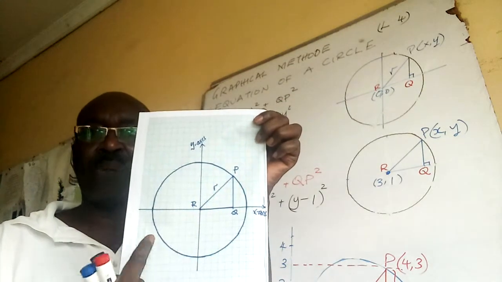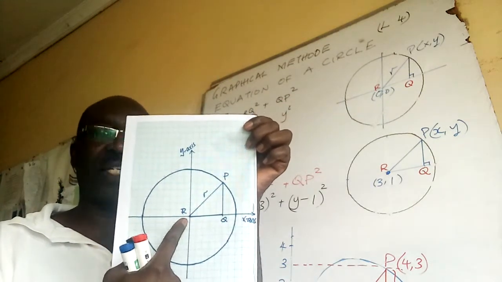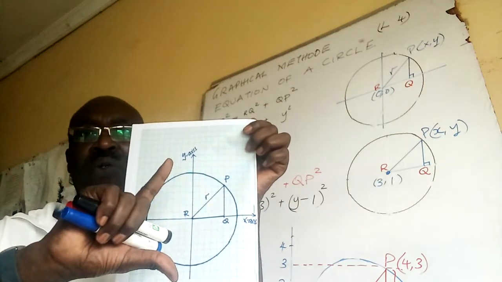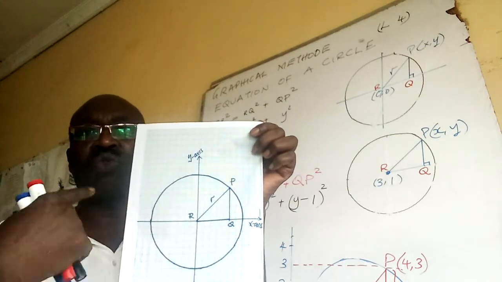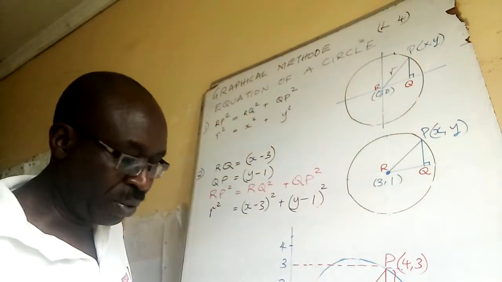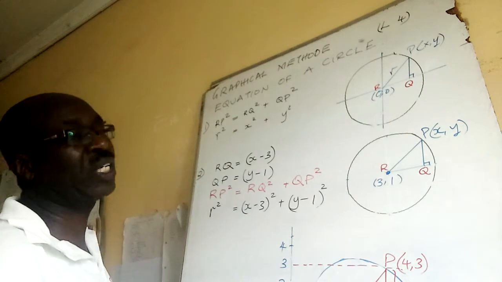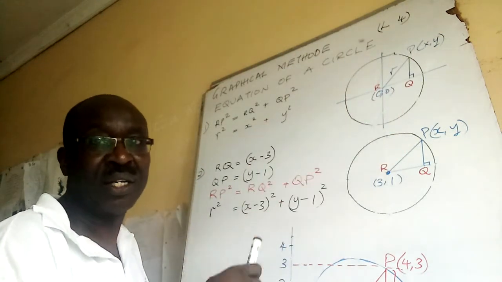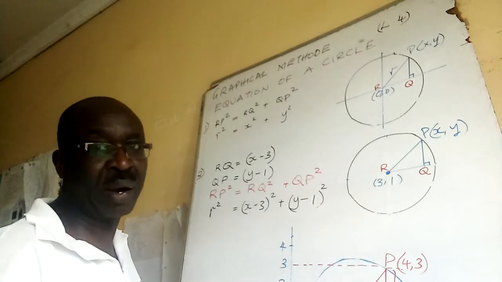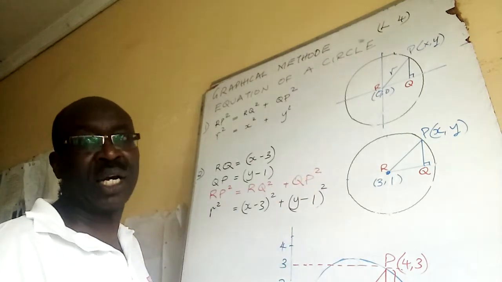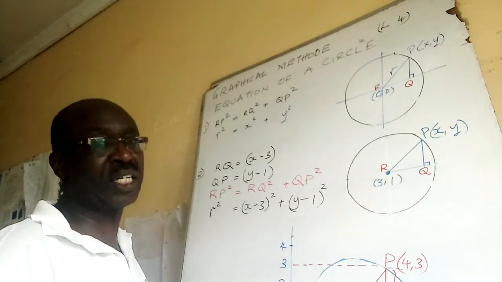But this is the basic: you have a center, then you just open your compass and draw a circle. Now, let us look at what I've done. I don't have the Cartesian grid, the one which shows the numbers, but I will use the board and you will still get the point.